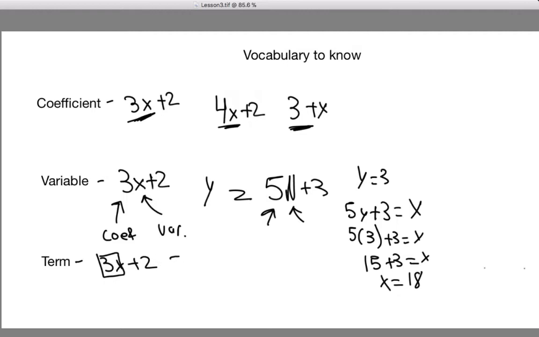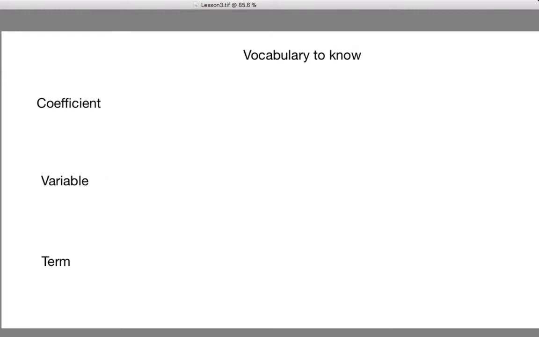We have a 3 times a z, 5 times an x. So whenever we have a variable multiplied by a coefficient, that's the term. These terms are very widely used in algebra, and without knowing these, you can't do a lot of simple basic arithmetic in algebra. So let's make sure we know how to identify these.